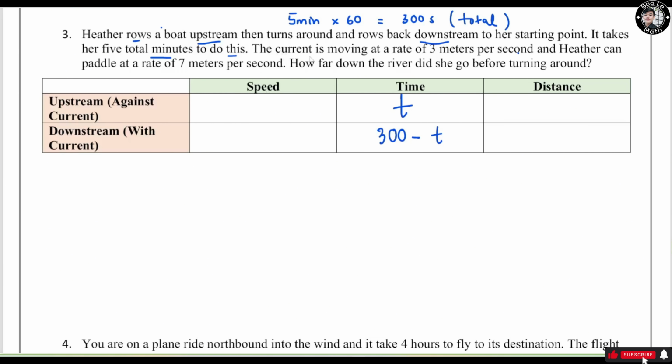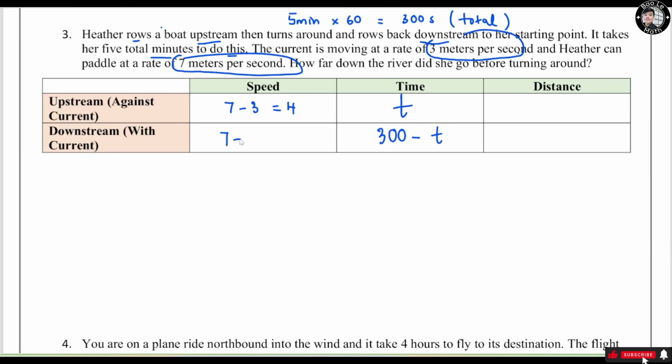Remember, the current is moving at a rate 3 meters per second, and Heather can paddle at a rate 7 meters per second, right? So upstream, you need to subtract the current speed, right? So it could be 7 minus 3 equals 4, right? And downstream, you're going to add the current speed.